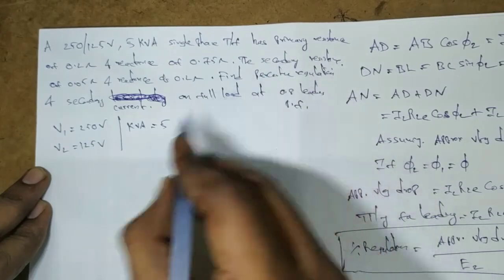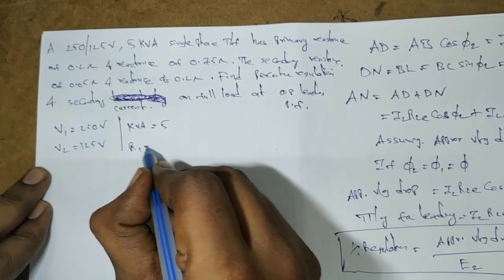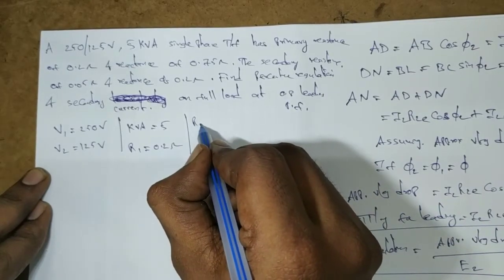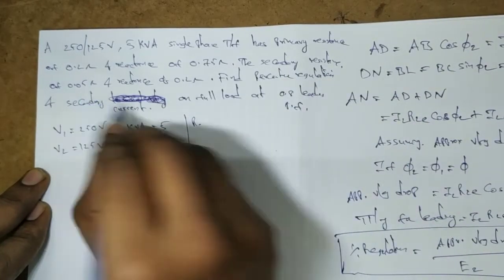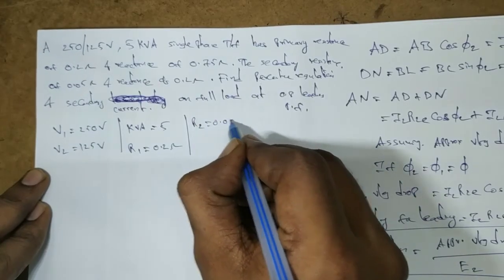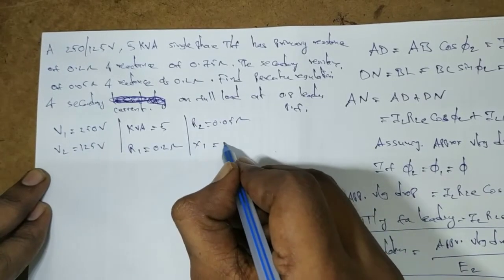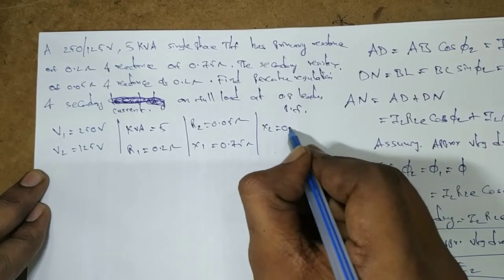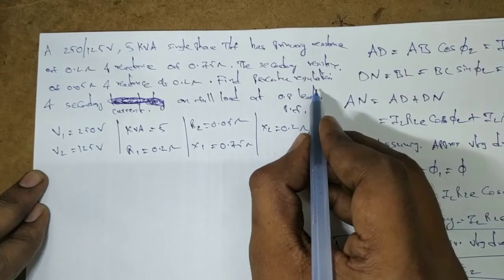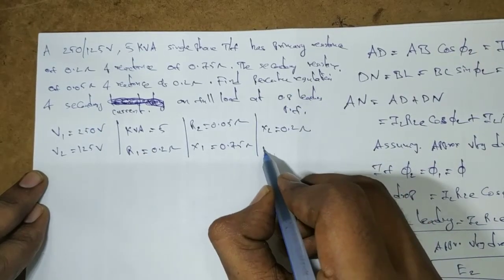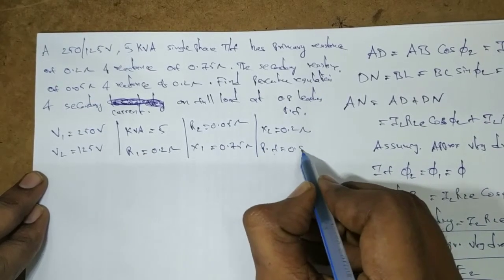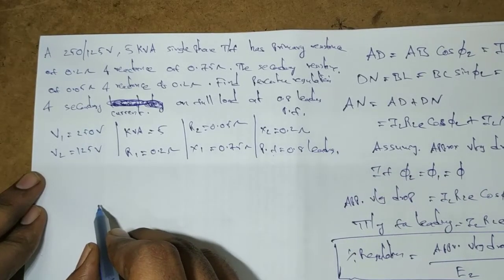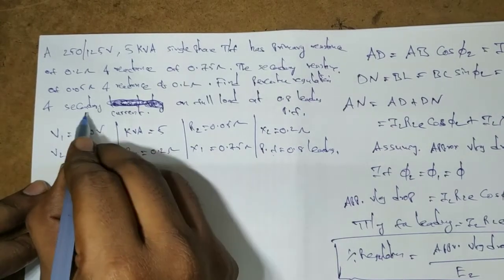The single phase transformer has primary resistance R1 of 0.2 ohm, reactance X1 of 0.75 ohm, secondary resistance R2 of 0.05 ohm, and secondary reactance X2 of 0.2 ohm. Now find the percentage regulation and secondary current on full load at 0.8 power factor. So the power factor is 0.8 leading.